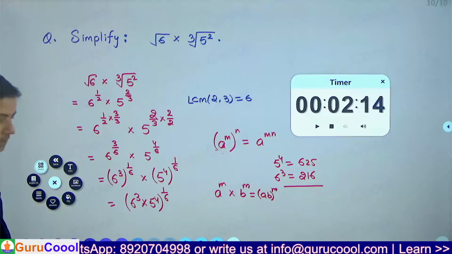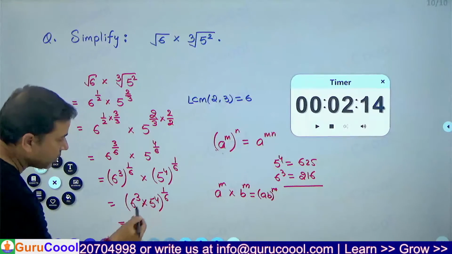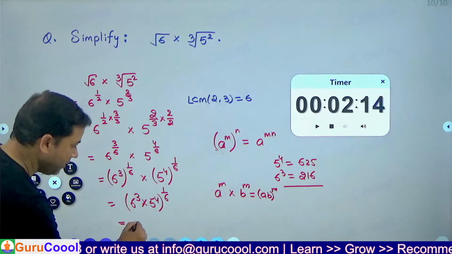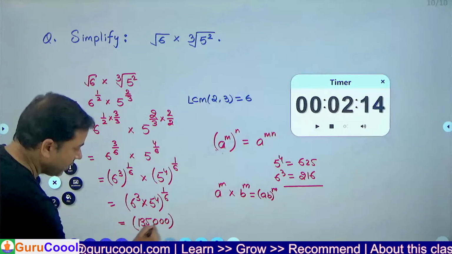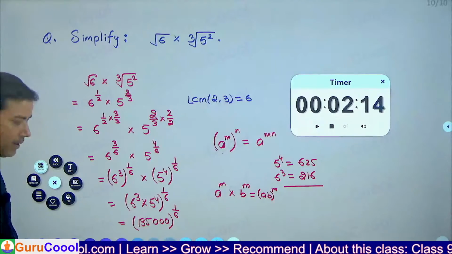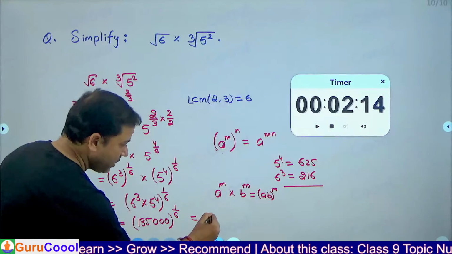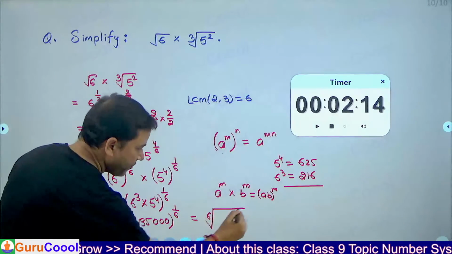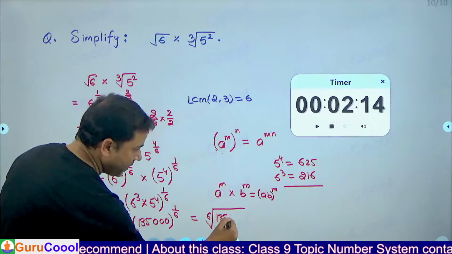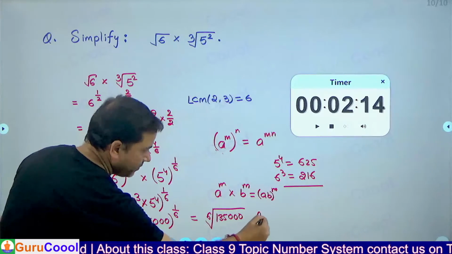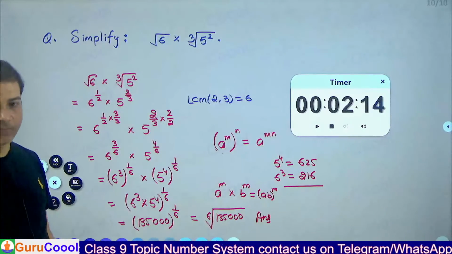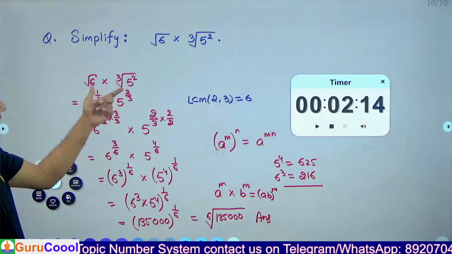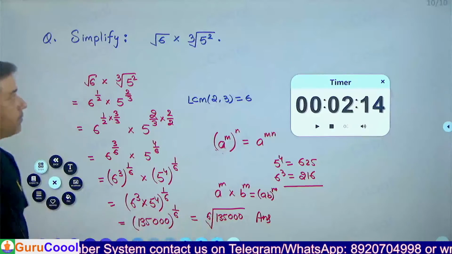Yes, sir. Now if I multiply these two numbers as I have done here, 135,000 raised to the power 1 by 6. So it is the sixth root of 135,000. Answer. This is equal to this.